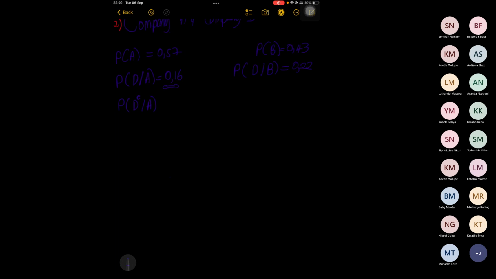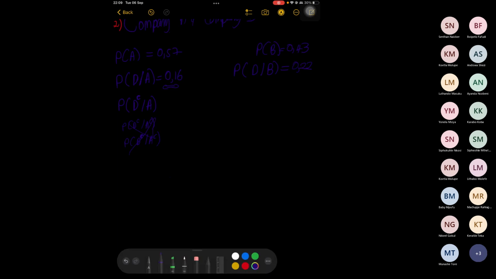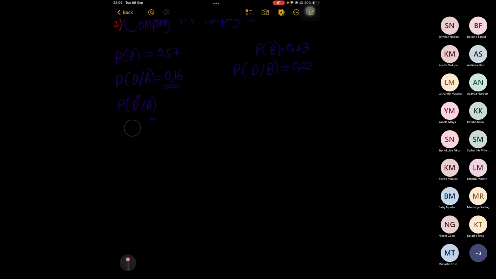Also, please, I saw that most people make this common mistake. They will say the probability of D complement intersection A complement, or the probability of D given A complement. These expressions are wrong, because whenever you're looking for a complement, the condition does not have a complement.